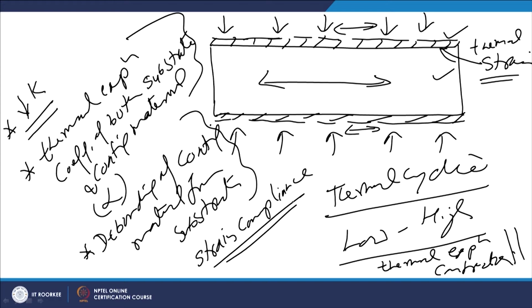Whatever strain is induced due to the temperature variation, that strain magnitude in the coating material should be the same as that of the substrate material, so that the thermal expansion and contraction mismatch between the coating material and the substrate is minimum. And so this spalling or chipping off tendency of the coating material will be reduced.